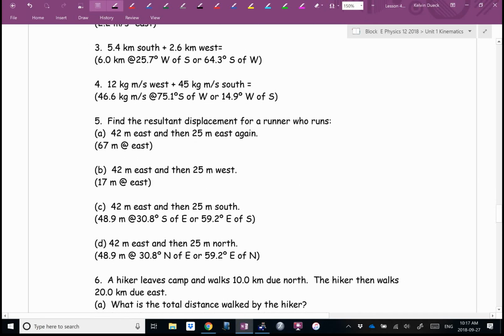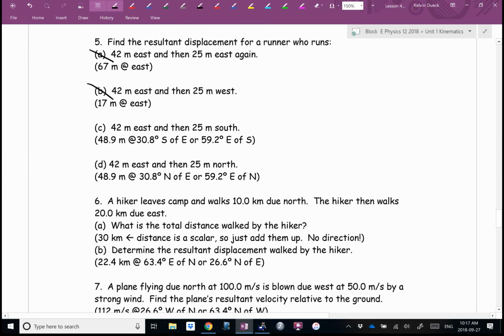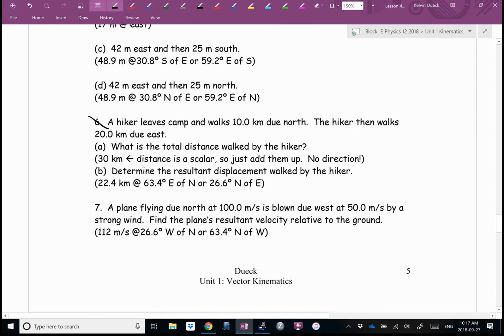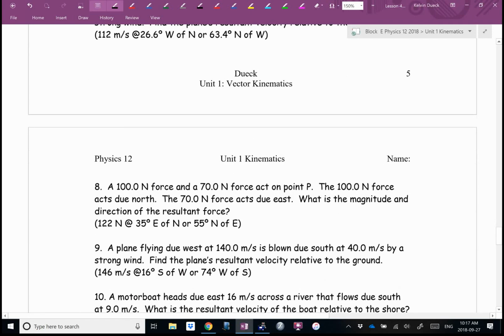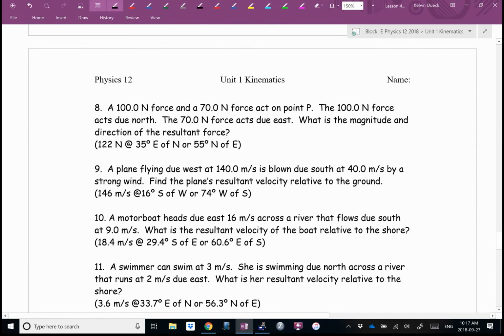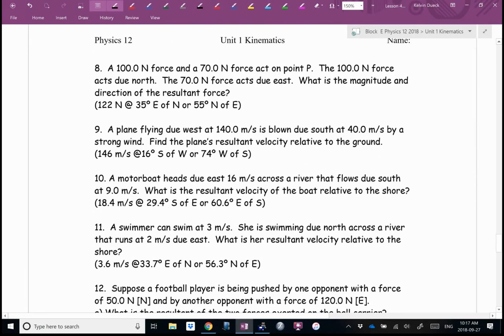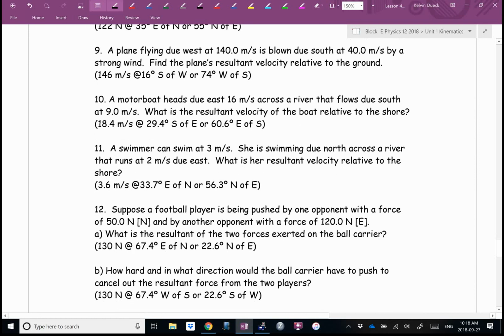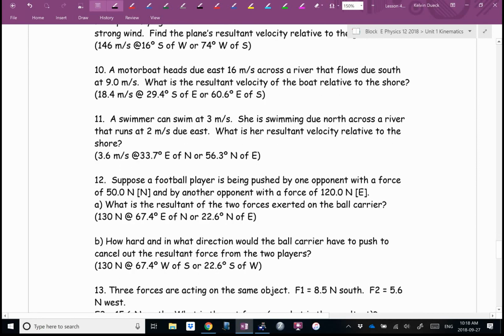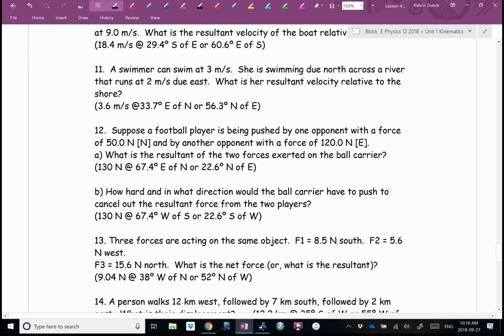I'm going to skip 5A and 5B. I'll skip 6. Okay, but definitely 7. There's an airplane question. 8 is good. 9 is good. 10 is good. 11 is good. 12 is good.